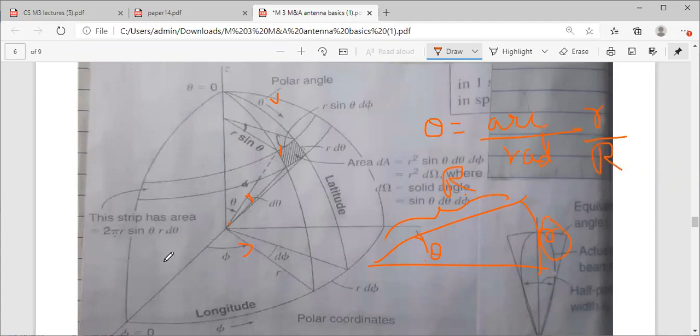In our case the angle is d theta, so d theta into r gives you this line length. Arc by radius is d theta, so the arc is r into d theta. One length I have given you: r into d theta.